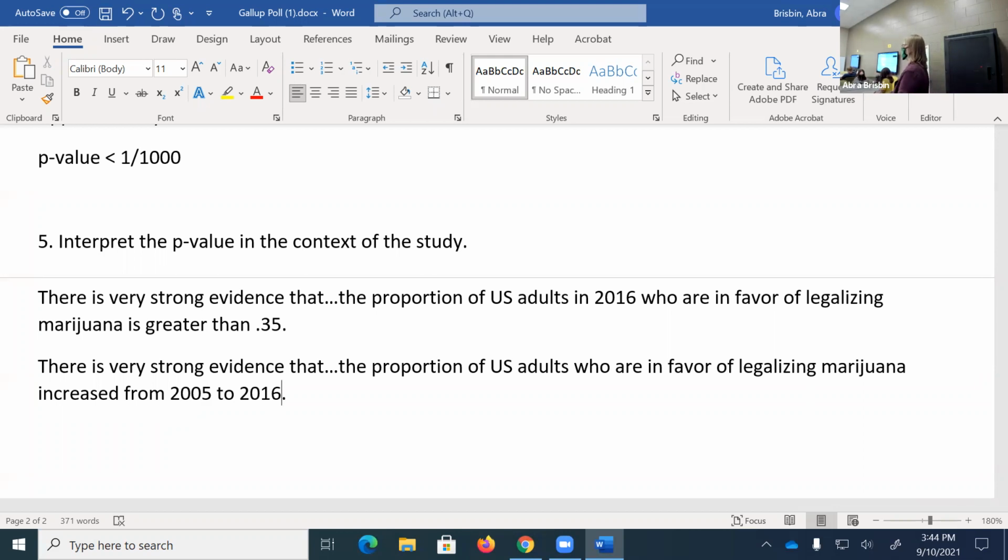Right. So when you said interpret in the context of the study, did you mean that we're supposed to add the null hypothesis, or we're supposed to include the alternative? So personally, I think it's easiest to say there is very strong evidence that alternative hypothesis.